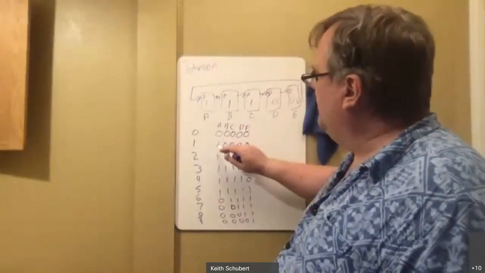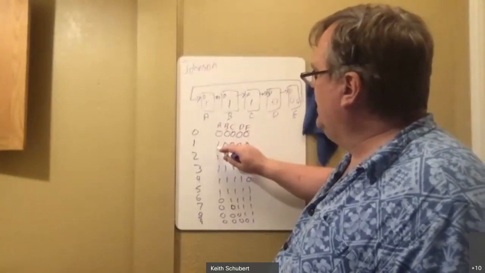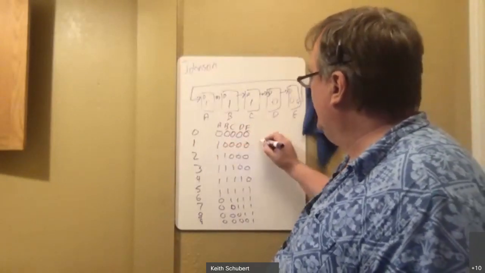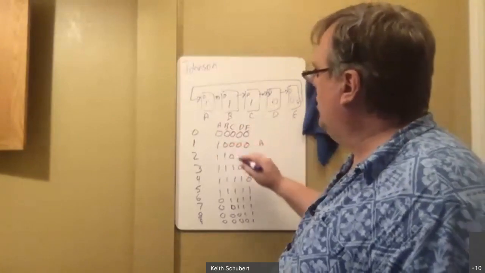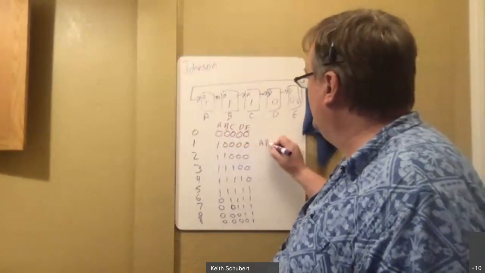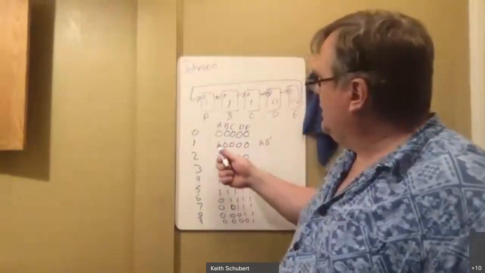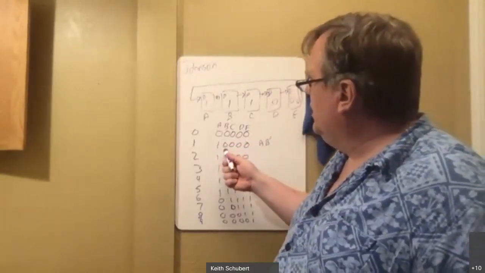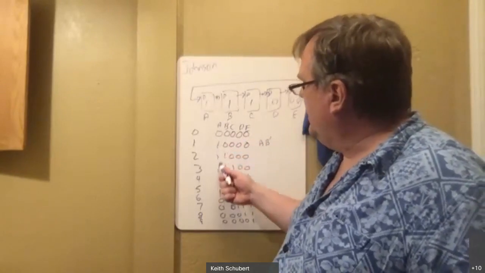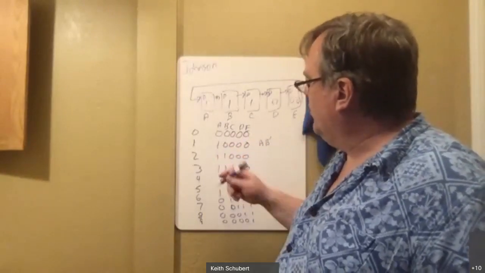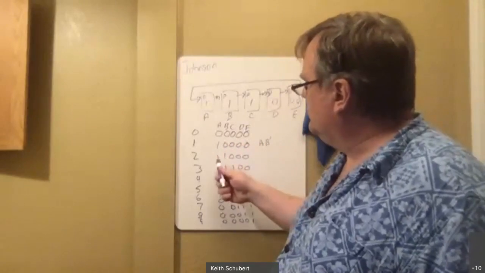All right. If I've got a 1 here, which is A, so if A is on, but B is off, so A and B prime, that means this is a 1, this is a 0. There's no place where this is a 1 and that's a 0, and the rest of these aren't zeros. You can look at it.